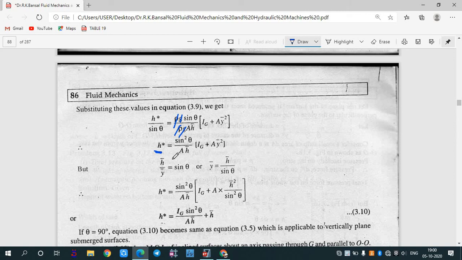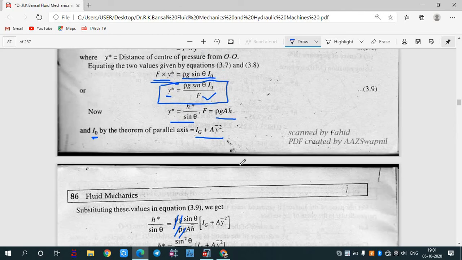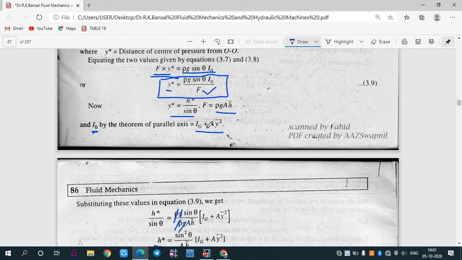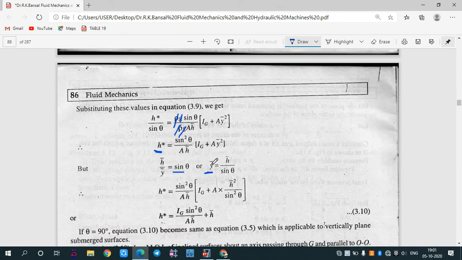Now h bar by y bar equals sine theta, this we have earlier seen. So y bar can be replaced by h bar by sine theta. This is the same thing which has been done over here.